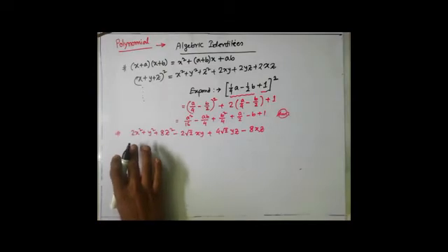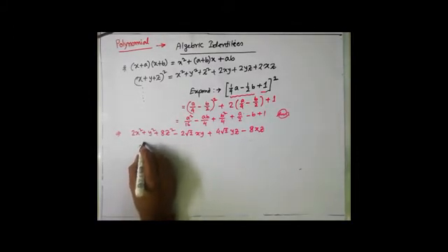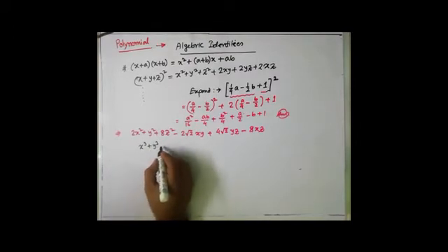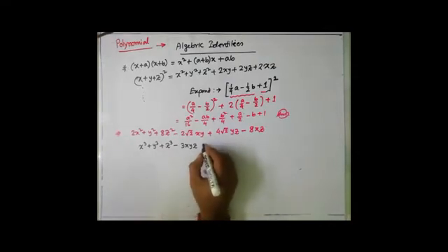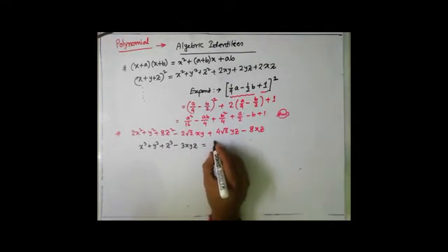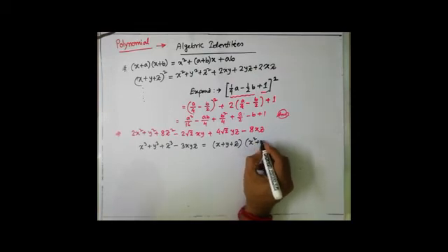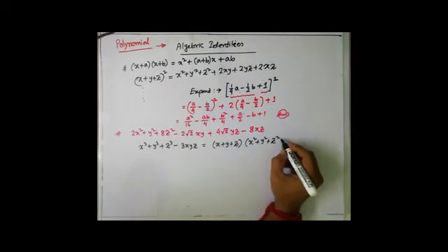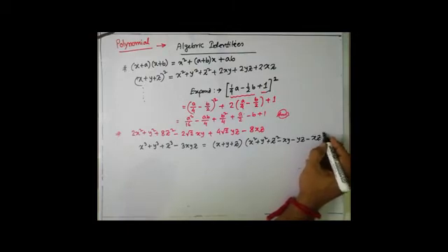Suppose, just watching this particular expression, I can write this like x cube plus y cube plus z cube minus 3xyz, and that particular expression can be written like this: x plus y plus z times x square plus y square plus z square minus xy minus yz minus xz, isn't it?